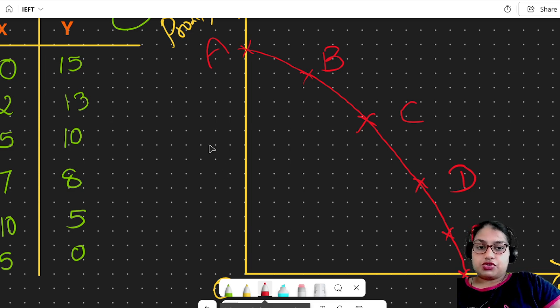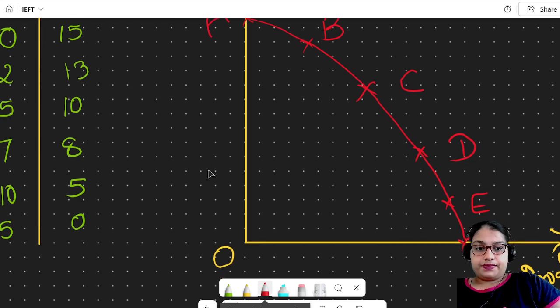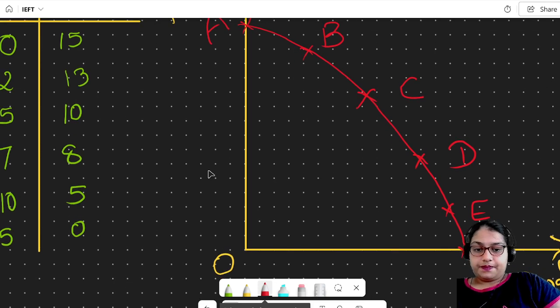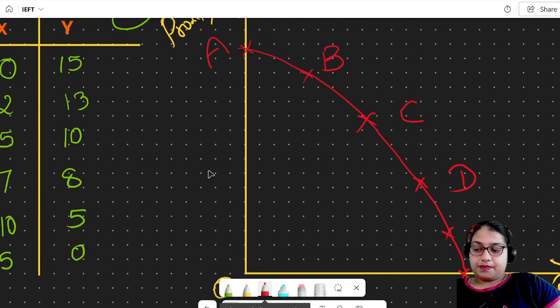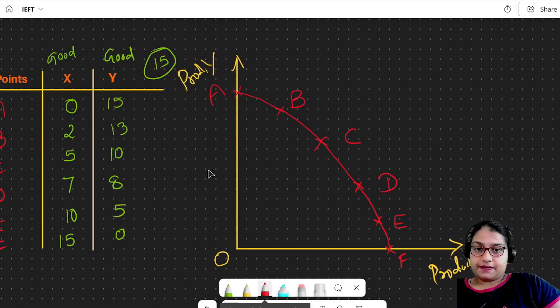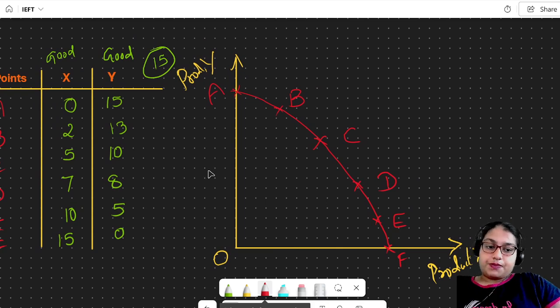Okay, now what will happen? Look over here. See, I have completed drawing this thing. See now, product X is there, product Y is there, and I have completed drawing the curve also. So not all resources are used.